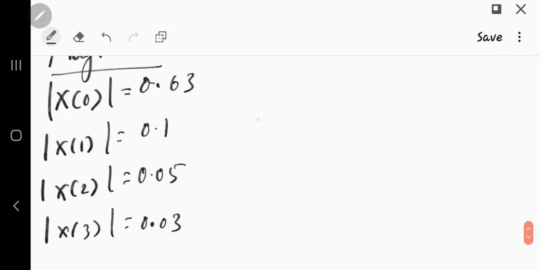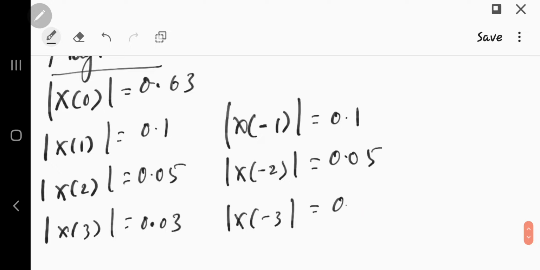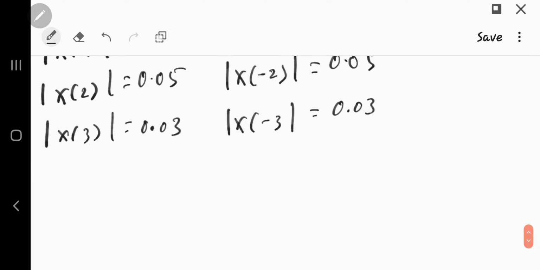It is starting to decay. And x of -1, again you will get the same value 0.1, x of -2 you will get the same 0.05, and x of -3 you get 0.03 here. So same values.